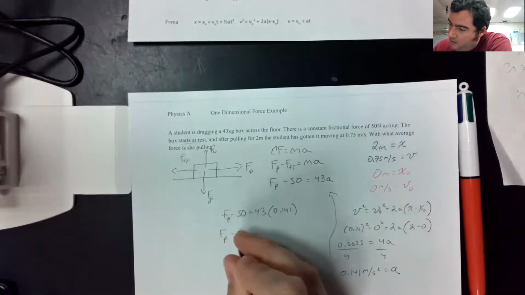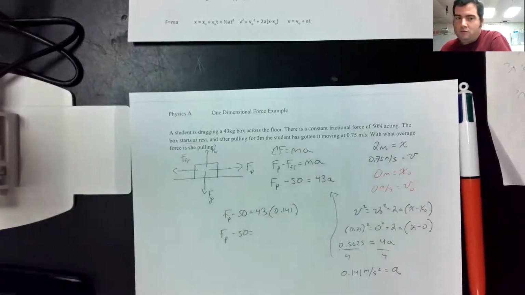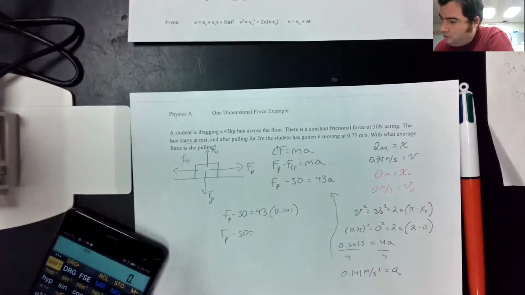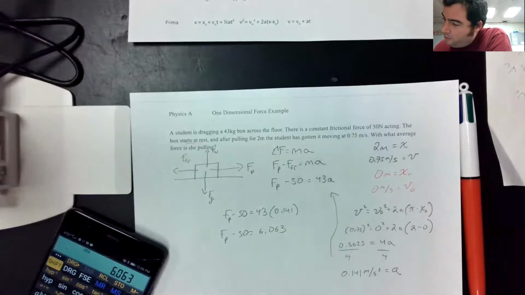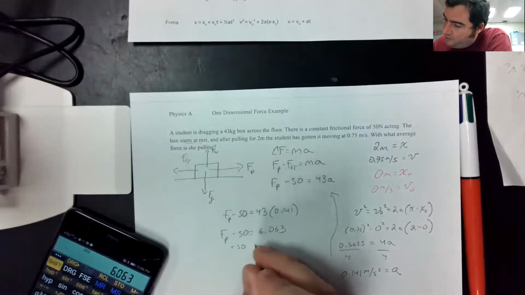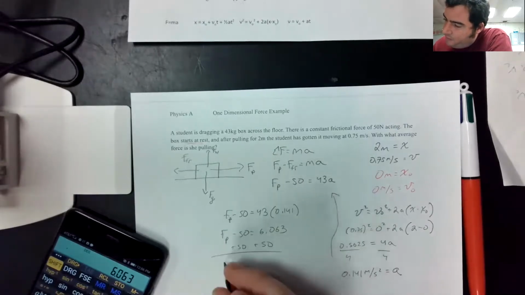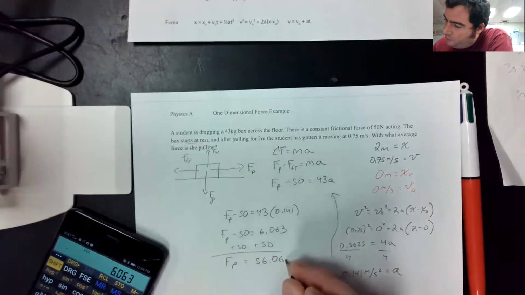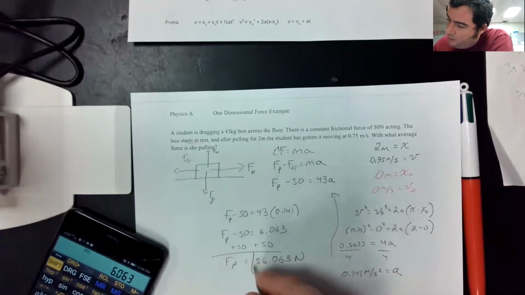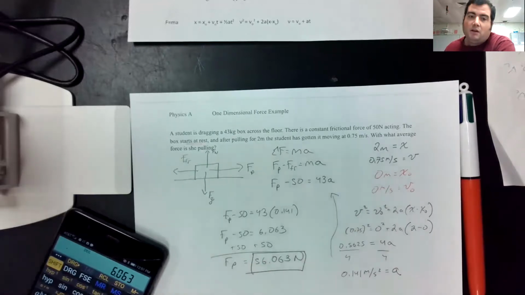So FP minus 50 equals 43 times 0.141, which is 6.063. Now we add 50 to both sides. So 56.06. And that's it.